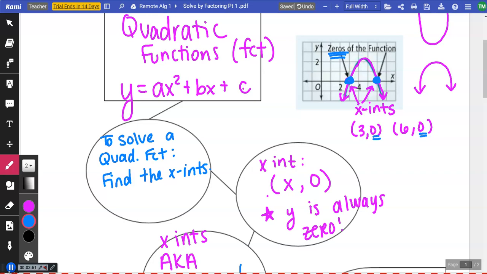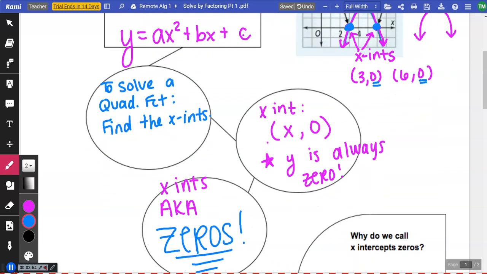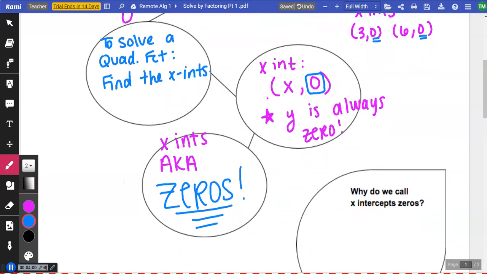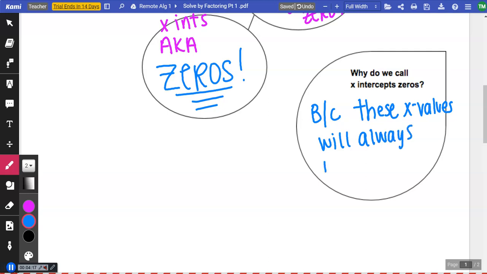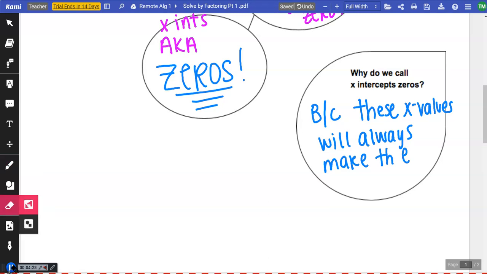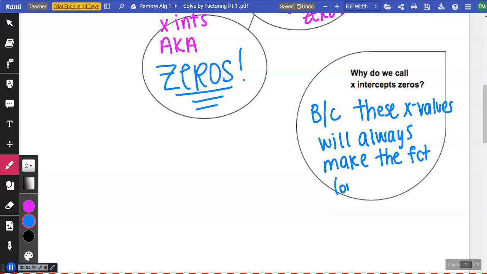And the reason why it's called a zero is because it makes the function equal 0, or it makes the y value 0. So why do we call x-intercepts zeros? Because these x values will always make the function, or y, equal 0.